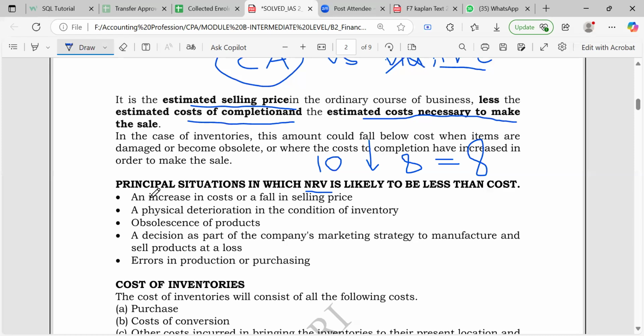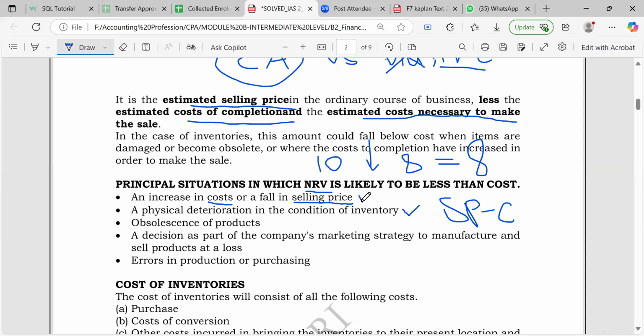That's why you're told an increase in cost, which is obvious, or a fall in selling price. This has just been taken from the formula itself: net realizable value, selling price minus the incidental costs, which are equal to cost to sell, right? A physical deterioration in the condition of inventory. Isn't this obvious?